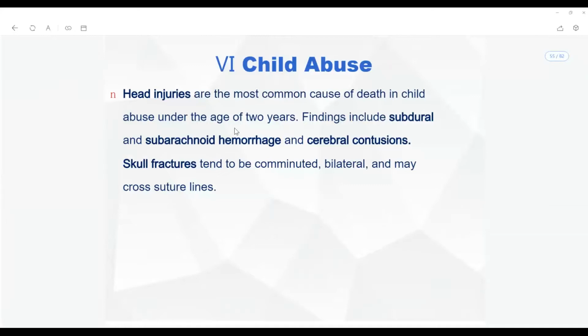You see here, if the shaking force is bigger and if it is frequent, it is more likely to cause subdural and subarachnoid hemorrhage, and it causes cerebral contusions. So remember, subdural and subarachnoid hemorrhage and cerebral contusions are very severe.